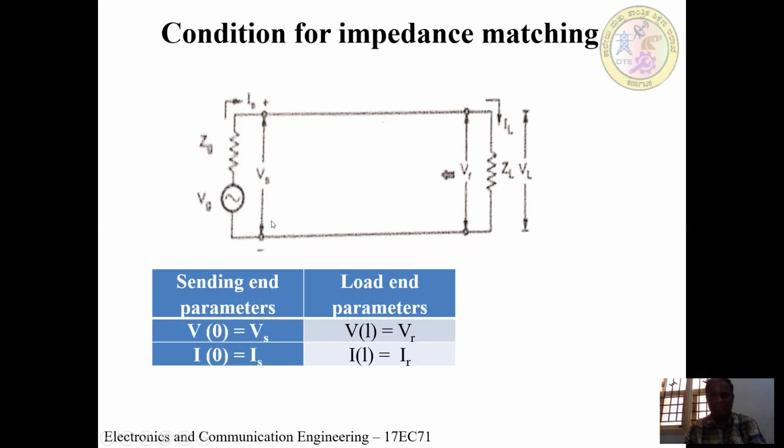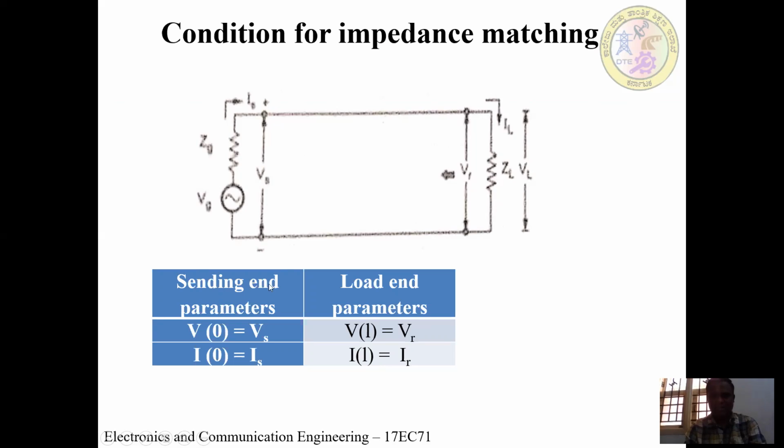VS is the sending voltage and IS is the sending current. This is the transmission line which is terminated with ZL, the load, which has VL as the load voltage and IL as the load current. And this VR is the reflected voltage.